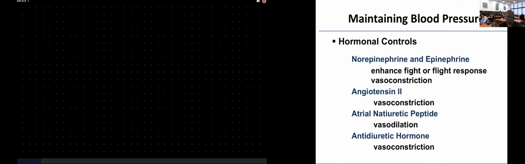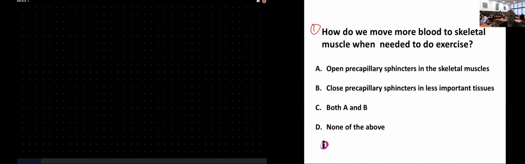So you're going to be doing two things in order to shift the blood towards your skeletal muscles. You're going to be opening the precapillary sphincters in the skeletal muscles, but at the same time, you're going to be closing the precapillary sphincters of the less important tissues. All right, so the good answer here, for all of you that mentioned it, is C, which is both.